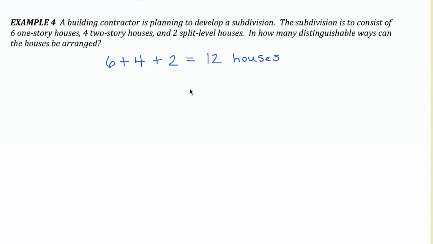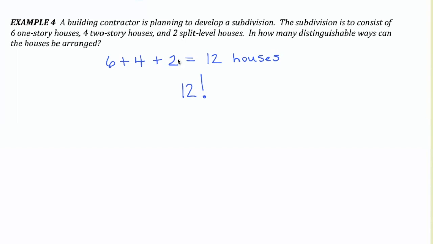So if we could tell them apart, if I had told you it's 6 one-story houses and one is blue and one is green and one is whatever, if we could distinguish, there would be 12 factorial ways to arrange those. However, there are some we can't distinguish.